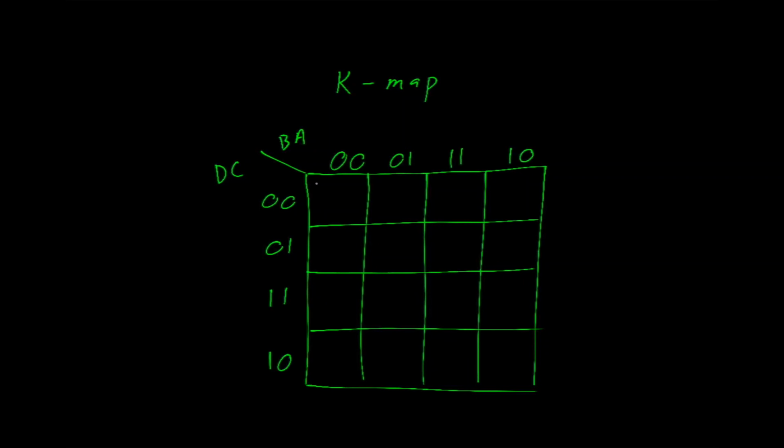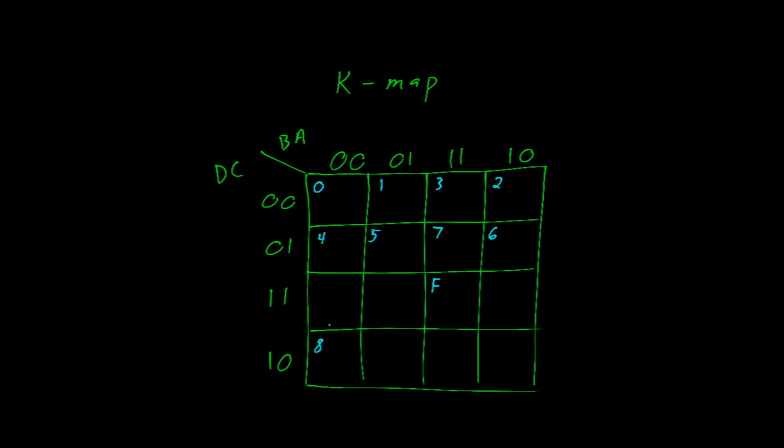I'll now write the minterms into each square. So 0, 0, 0, 0 is minterm 0, and 1, 1, 1, 1 is minterm F. And now we'll write the rest in. So 0, 1, 2, 3, 4, 5, 6, 7. Really peculiar.